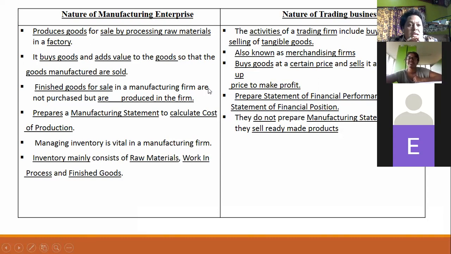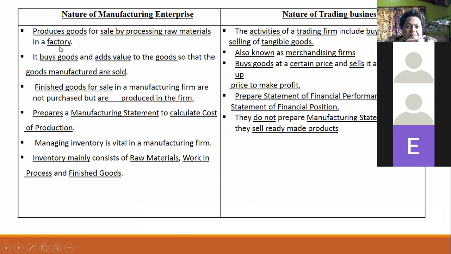Now, let's quickly look at the manufacturing enterprise. They produce goods for sale by processing raw materials in a factory.